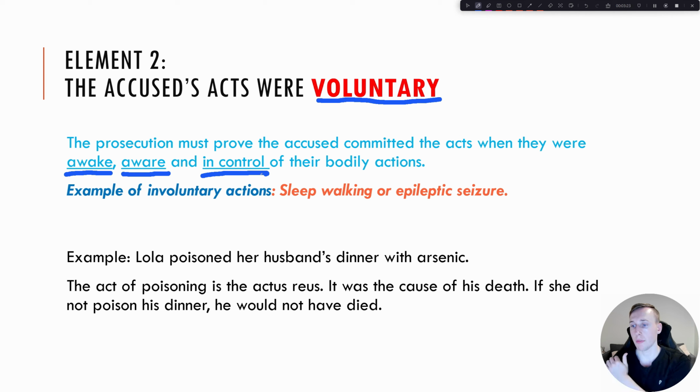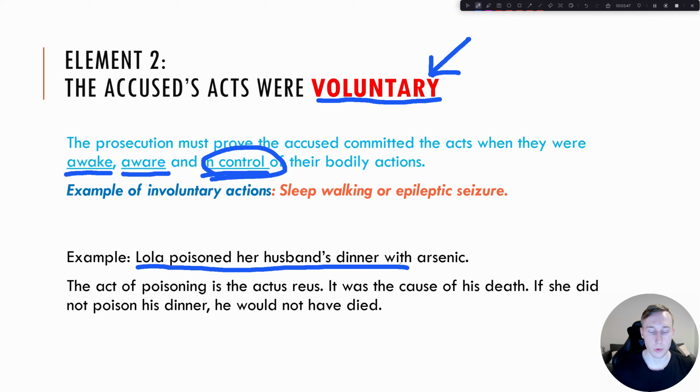So if someone is having, for example, an epileptic seizure whilst they're driving and they veer off the side of the road and kill someone, it could be argued that their acts were not voluntary because they weren't actually in control of what they were doing, so they couldn't actually understand what they were doing. So an example of the accused's actions being voluntary is that Lola poisoned her husband's dinner with arsenic, which is a type of poison. And that is basically the voluntary action which led to the death.